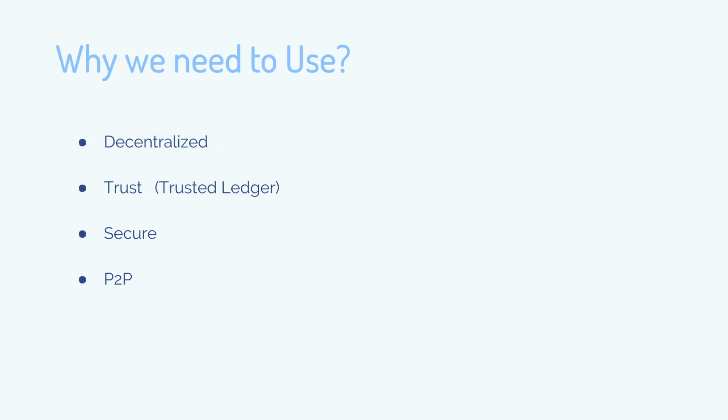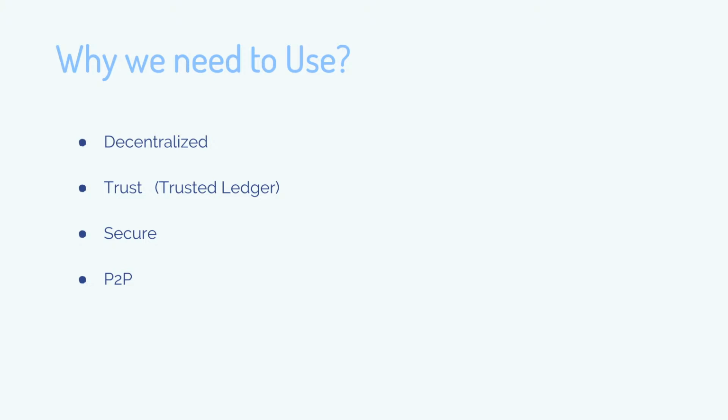For example, if I am sending an amount from one person to another, the details of the amount are shared with every person. So if anyone tries to change the details, they can't, because we already have n number of copies on each of the nodes. That is called a trusted one.